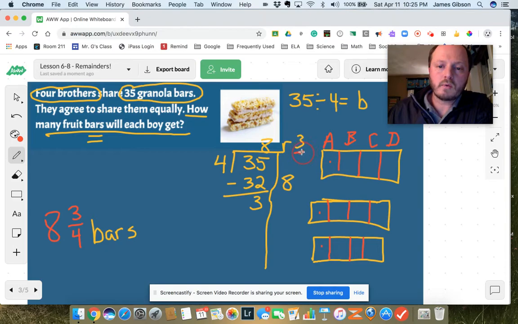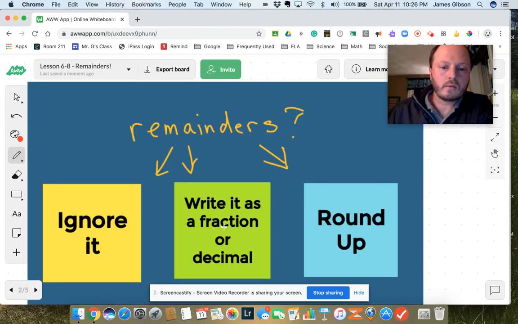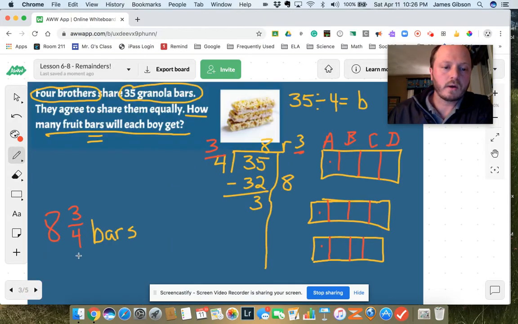So we take that remainder, we put it over the number we're dividing by, and that's how we get our fraction. Okay? So that is what we do when we have a problem where we find a fraction or a decimal, or we change the remainder into that. We write it as that.